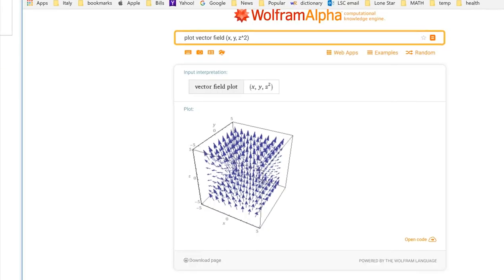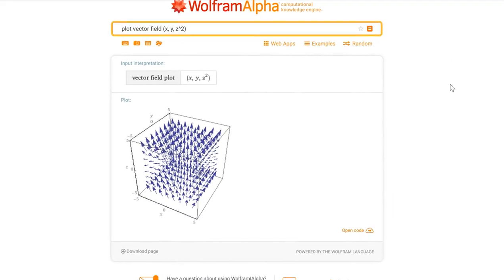Yeah, so I plotted it using Wolfram Alpha, and here's my vector field. Notice how I'm plotting it with plot vector field. You can plot it really simply. The only problem is you can't move it around unless you remember. But anyway, the z components are pretty small, so the divergence here is pretty small.